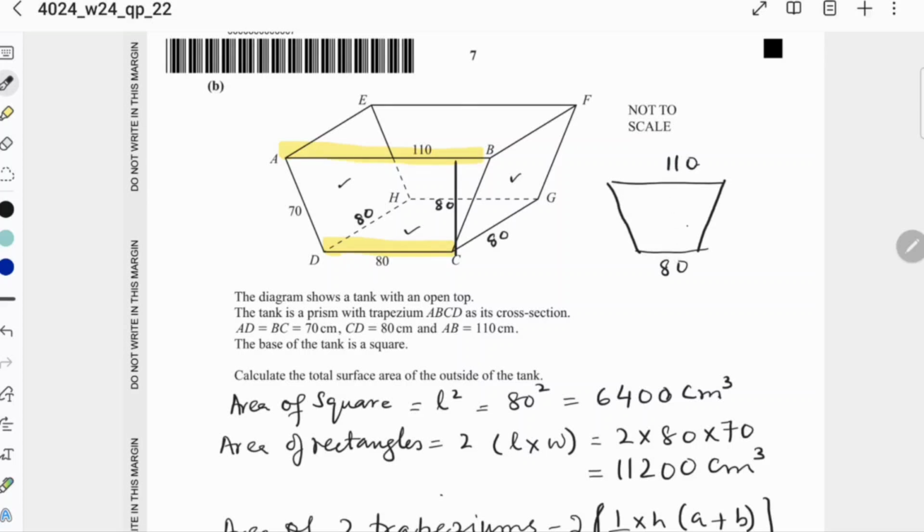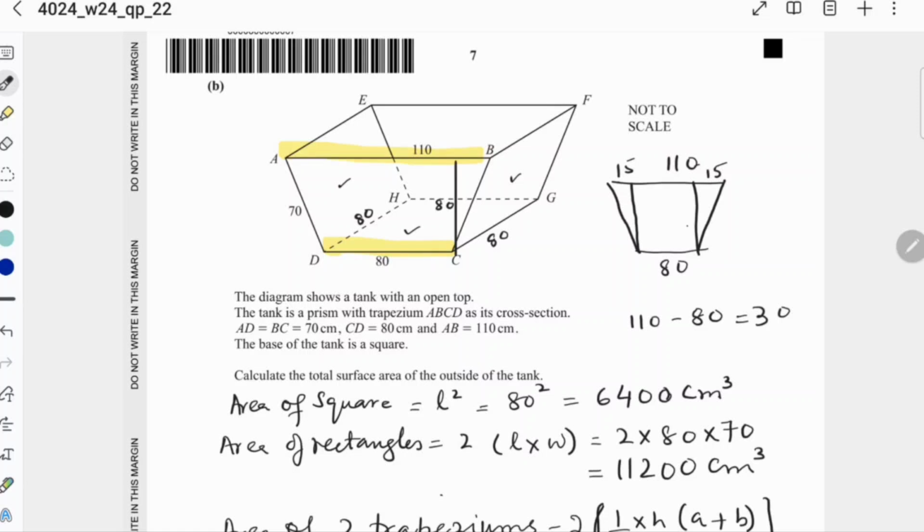Whenever I subtract 80 from 110, it equals 30. We divide 30 into two parts, which is 15 and 15.